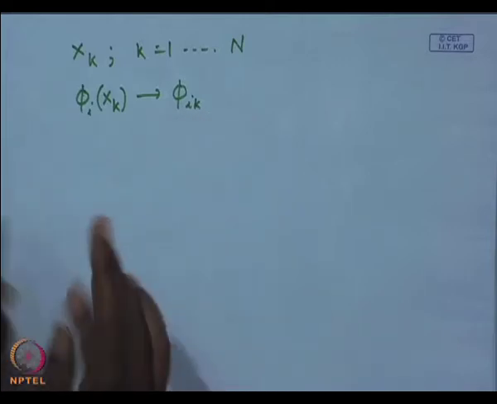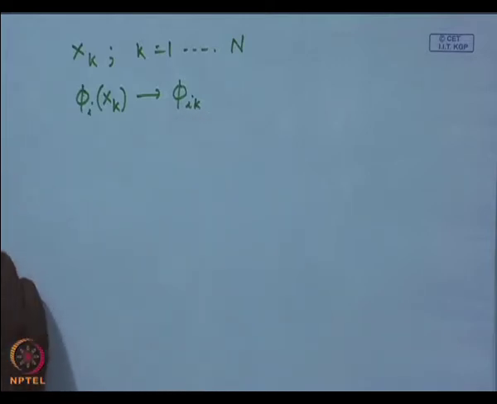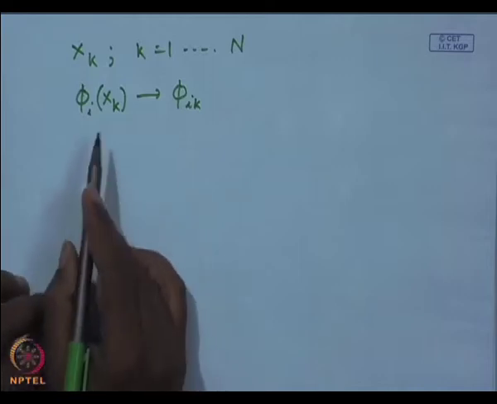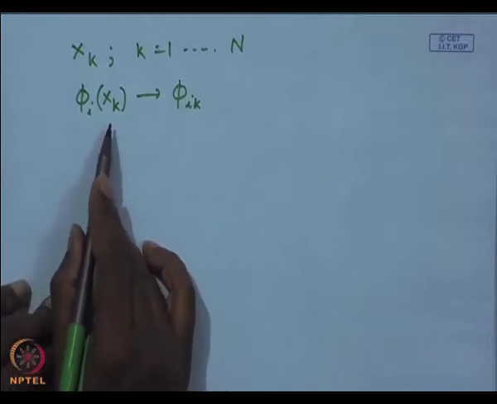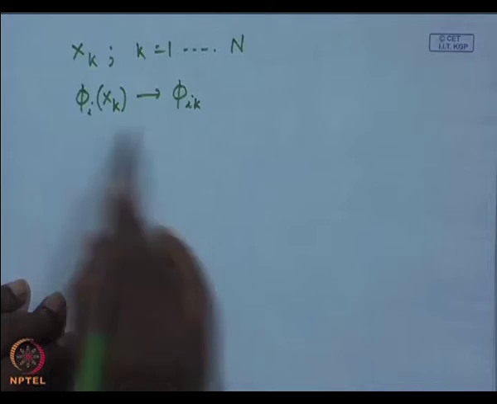Now, by using this, I have the sum of phi i of x k into W i j.